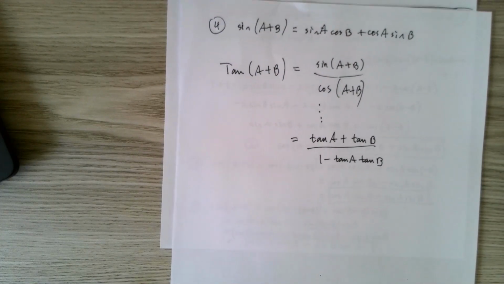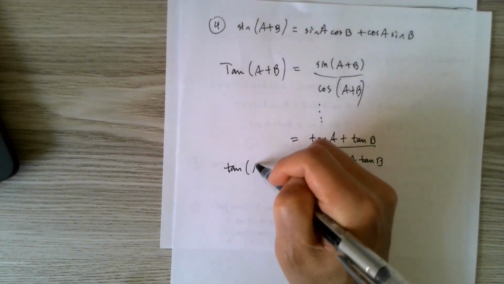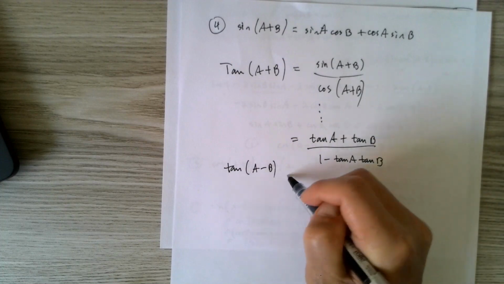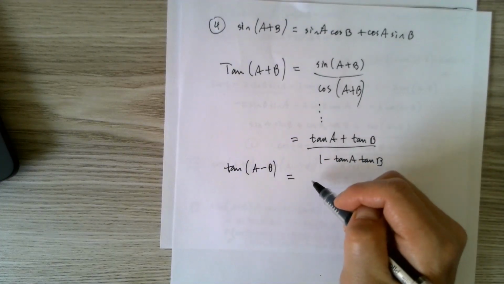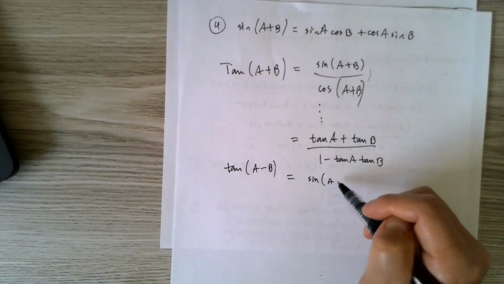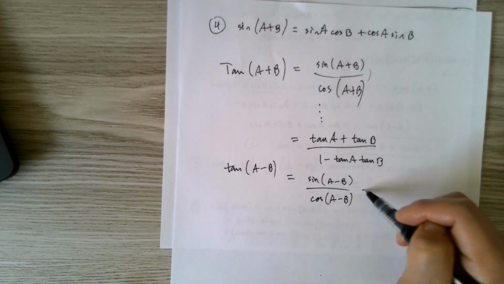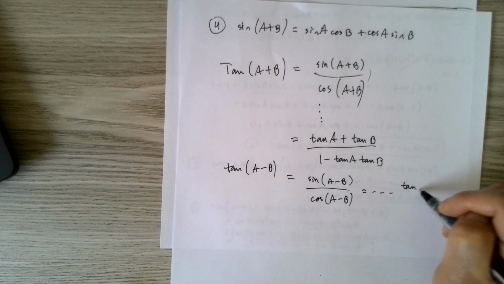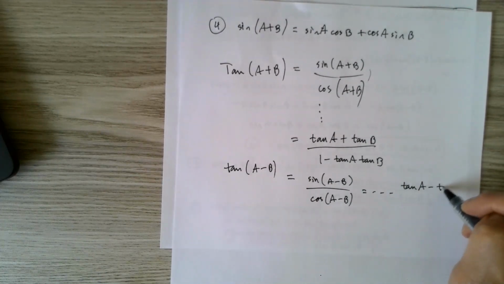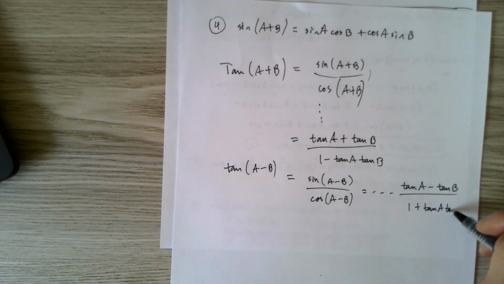So that's tan of A plus B, and then tan of A minus B, you can probably guess what it's going to be. So again, you start in a similar way. And eventually you get to this. Okay, so those are the sum and difference ones.